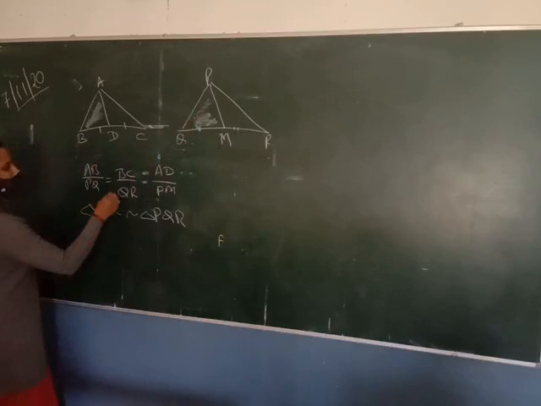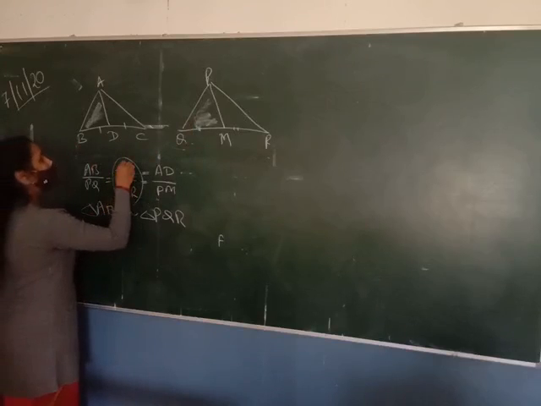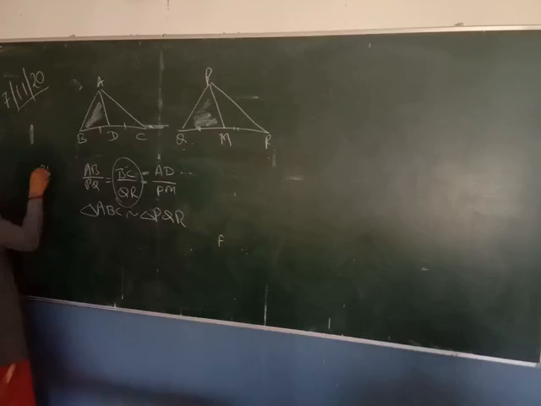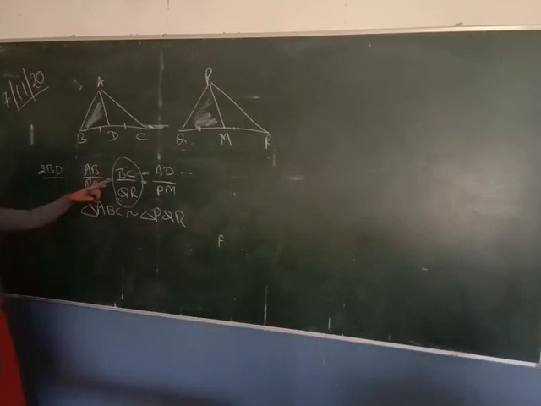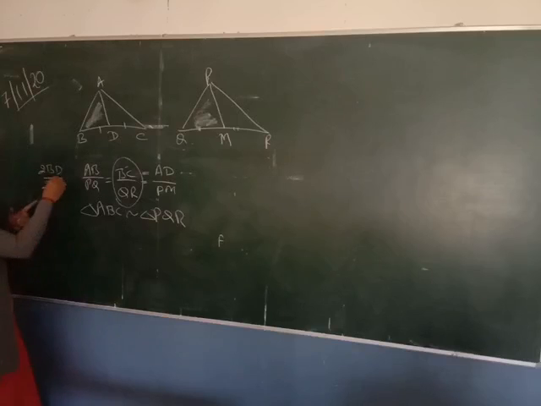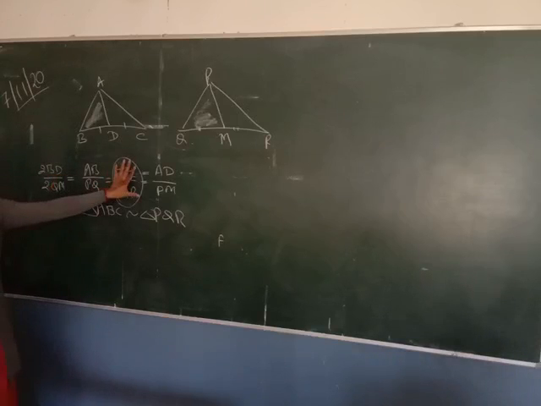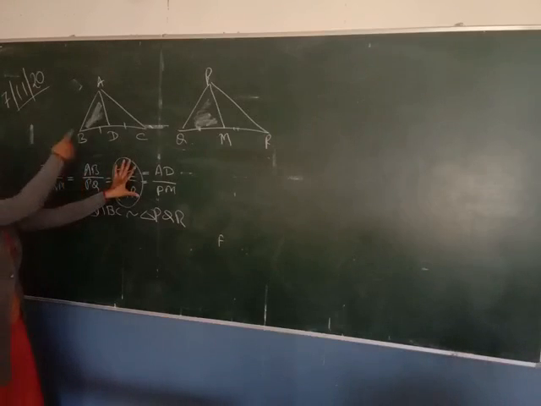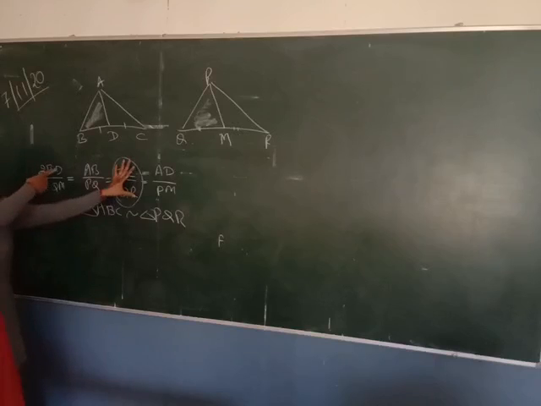So we can write 2BD in place of BC because D is the midpoint of BC. Same as 2QM in place of QR. So we write these values with these ratios: AB upon PQ is equal to AD upon PM and is equal to BD upon QM.